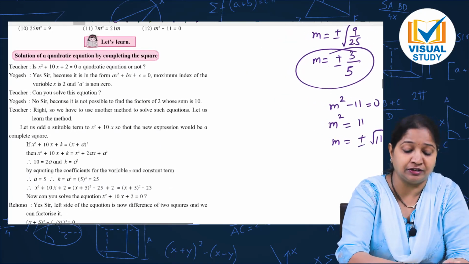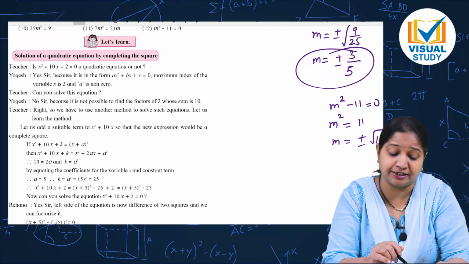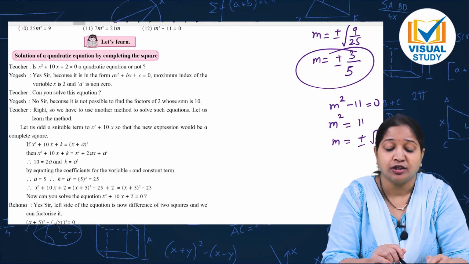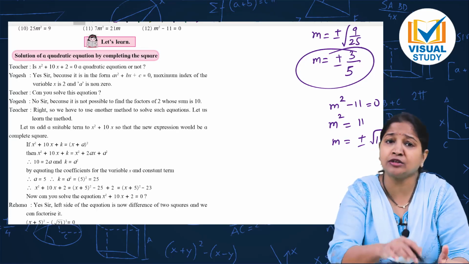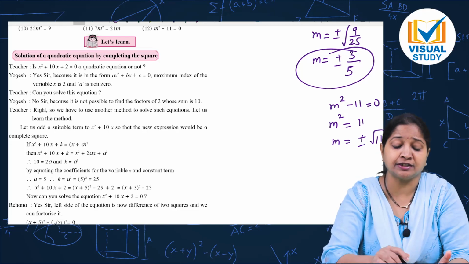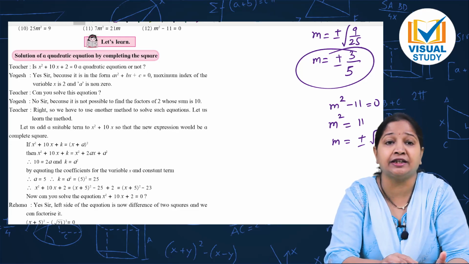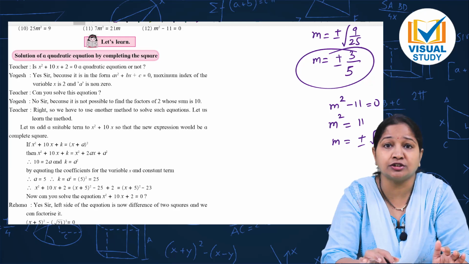See, they have given the equation here, x square plus 10x plus 2 equal to 0. A quadratic equation or not? It is a quadratic equation because the variable x is having the degree 2 and a is non-zero.